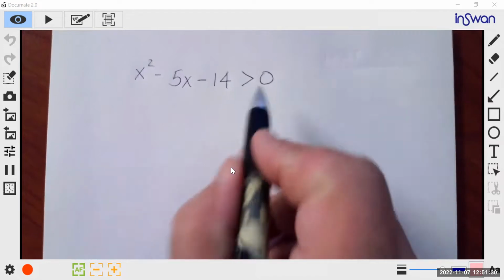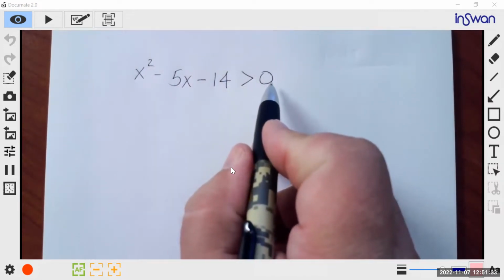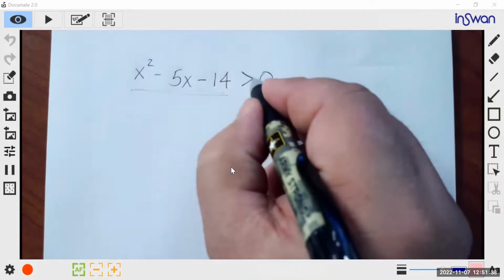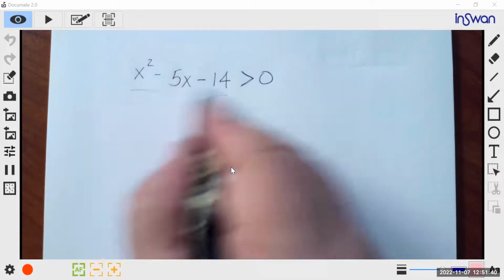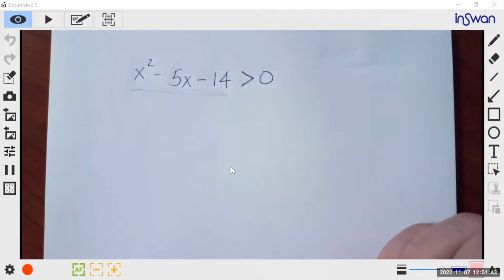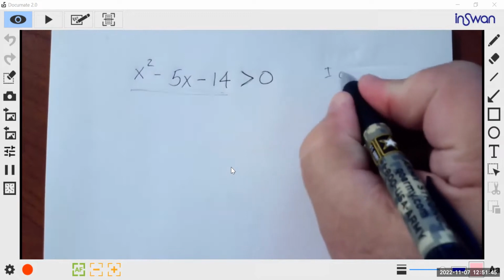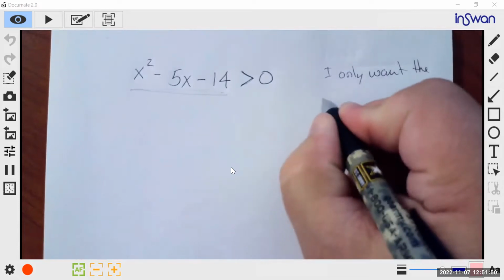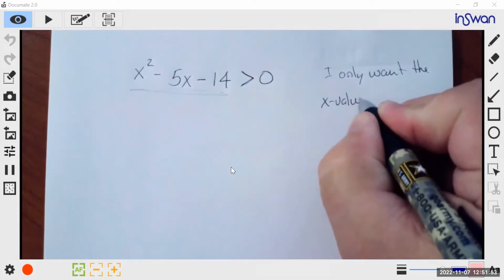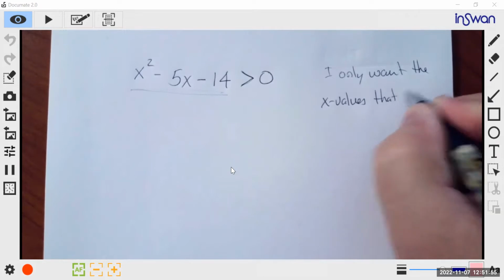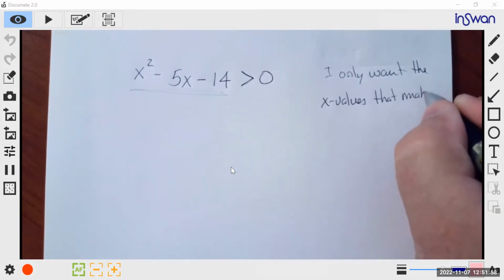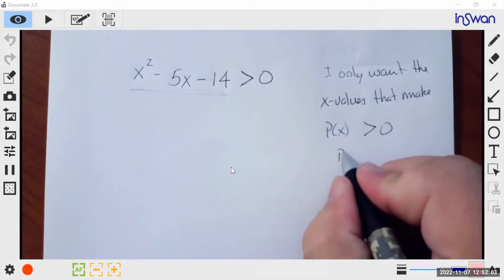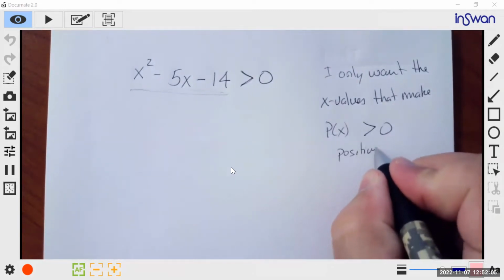The 0 has to be on one side, because I'm only looking for the x values that make this function positive. I only want the x values that make my polynomial greater than 0. Positive.